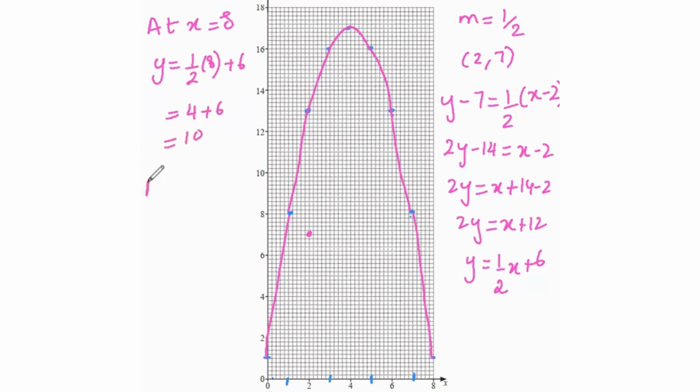And then at x equals 0, y would be 6. So one point is over here, and another point is going to be over at (8, 10).